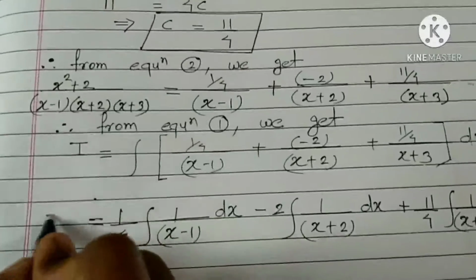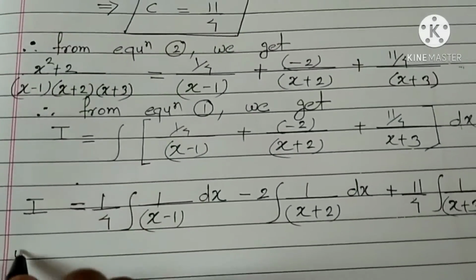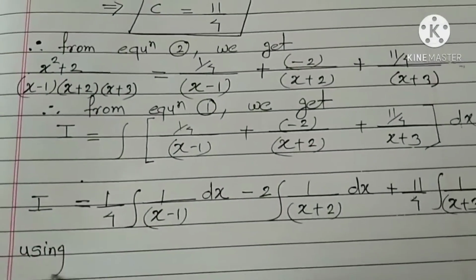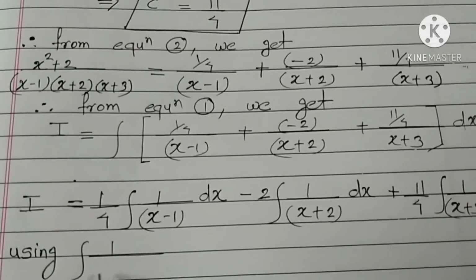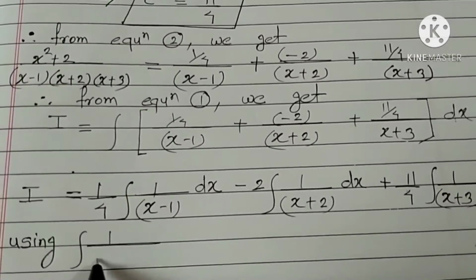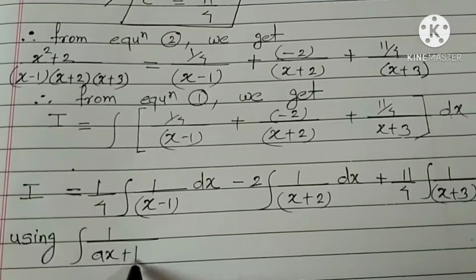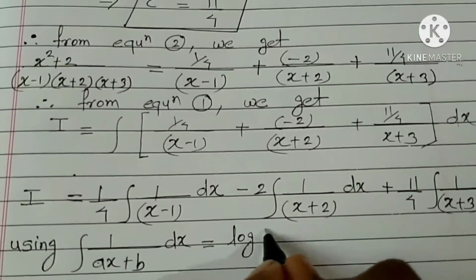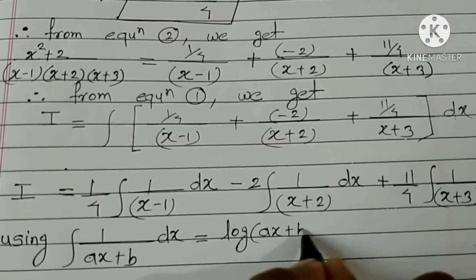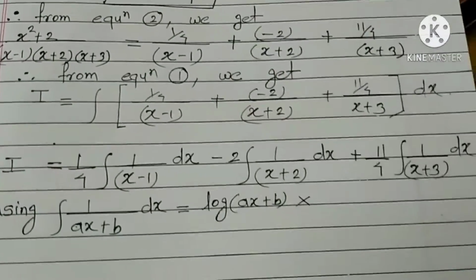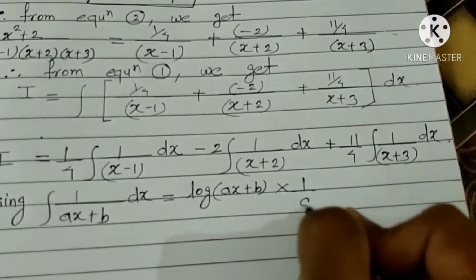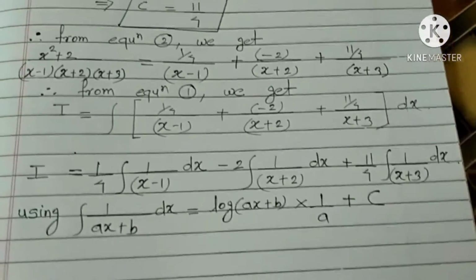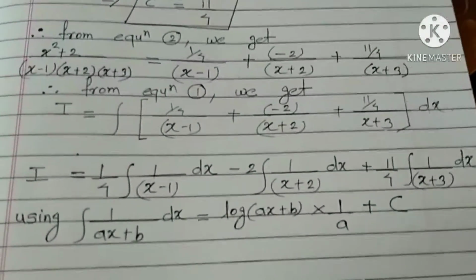Okay. Now use here one rule, that is integration of 1 upon ax plus b into dx, which is equal to log of ax plus b into 1 upon a plus c. So using that rule we can write here.